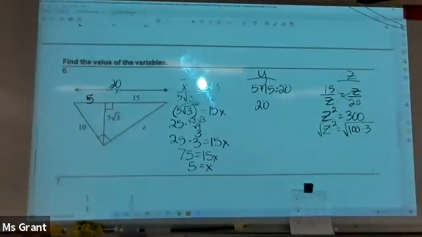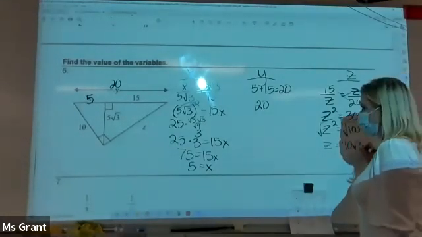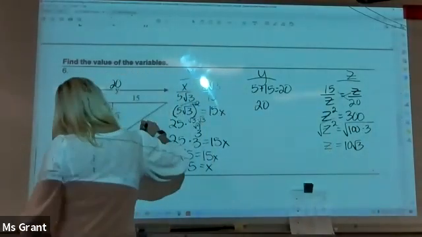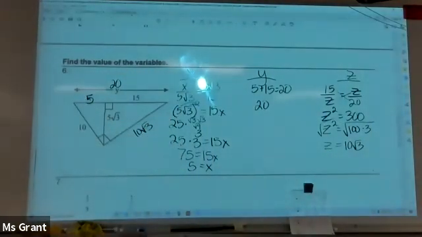That's good, right? 100 times 3. 10 rad 3. I hope that the pattern is becoming easy for you and you're like, yeah, I got this.